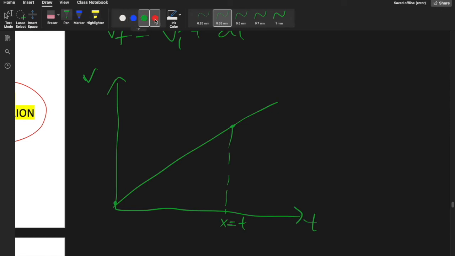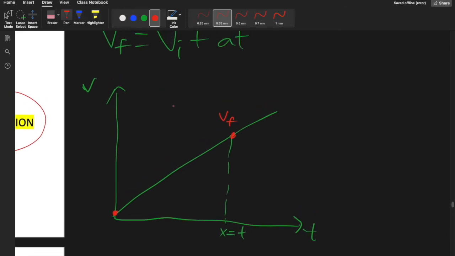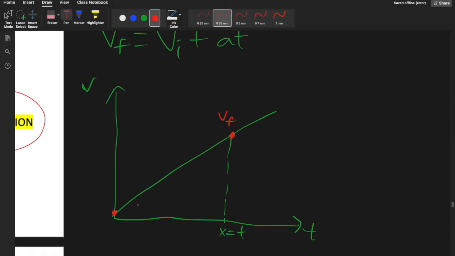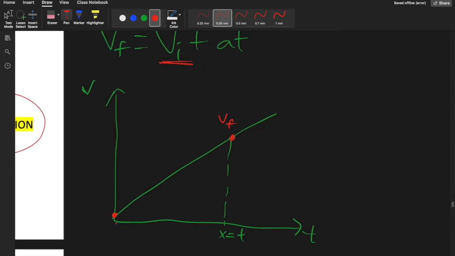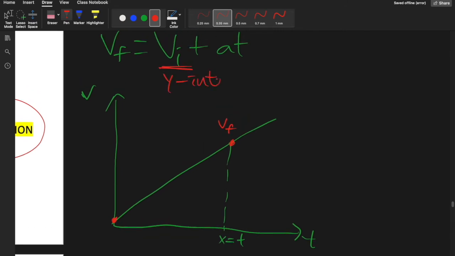This point is your initial velocity, and here will be your final velocity. To understand this graph, you can just see it from a mathematical perspective. Initial velocity can be seen as the y-intercept, and acceleration will just be the slope, and time will be the variable, right?